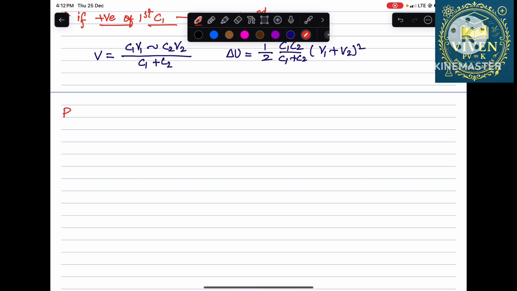So redistribution of charges, and that too conductors connected by a conducting wire. So in this special case, what's exactly going to happen?